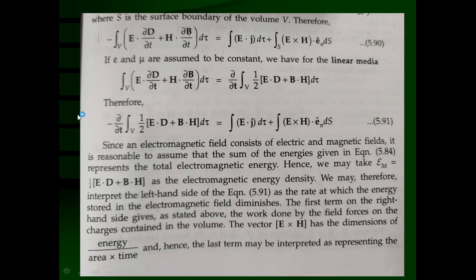And this minus d dt represents that the total electromagnetic energy decreases per unit time. That means the time rate of change of the electromagnetic energy in a volume decreases every second, which is the physical interpretation of the left hand side.